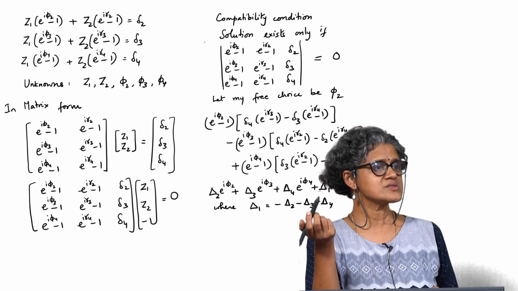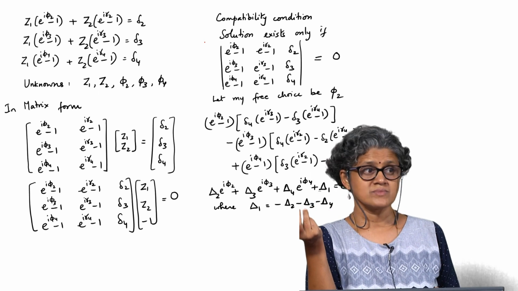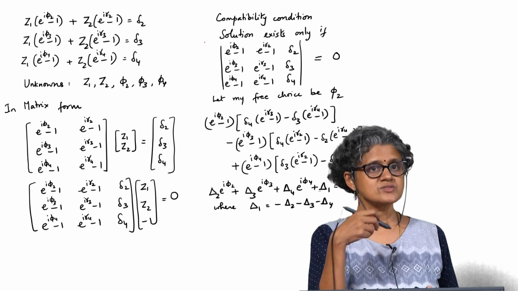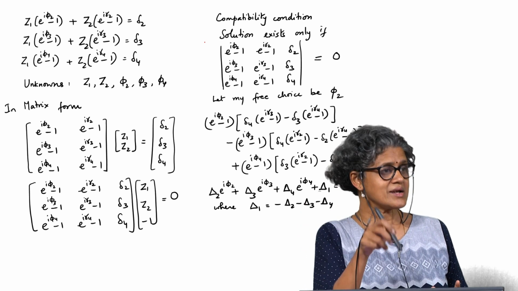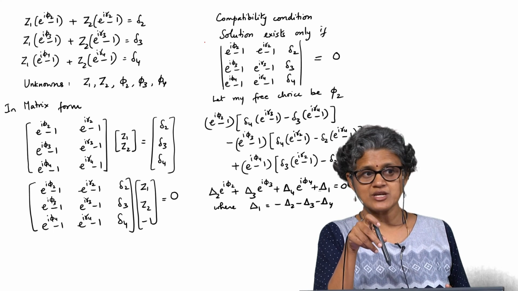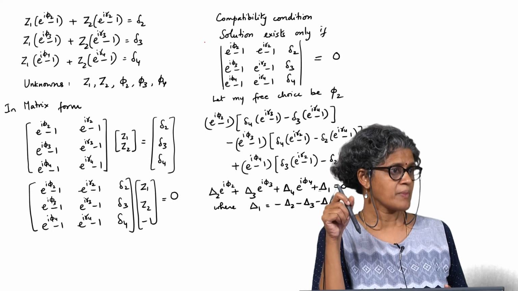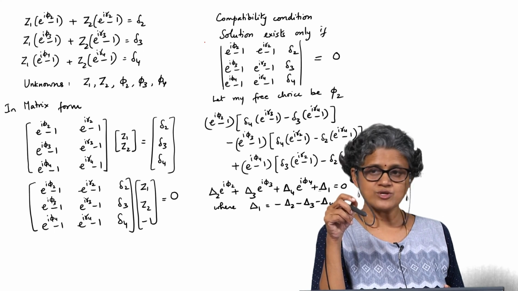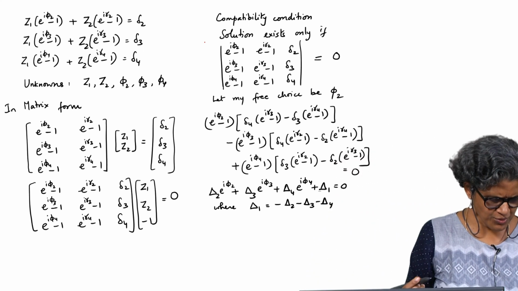Phi 2, how many choices do I have? I have an infinity of choices. So, again I can technically solve the 4 position problem. I do have an infinity of choices. So, I should have an infinity of solutions. So, I will just show you.